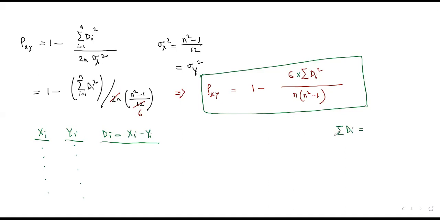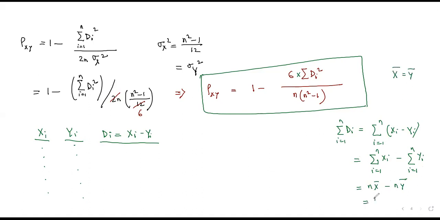Because summation i goes from 1 to n di means summation i goes from 1 to n of xi minus yi, that is, summation xi minus summation yi. And we know that this is n x bar and this is n y bar. But we also know that x bar equals y bar. So n x bar minus n x bar is obtained, which is equal to 0.